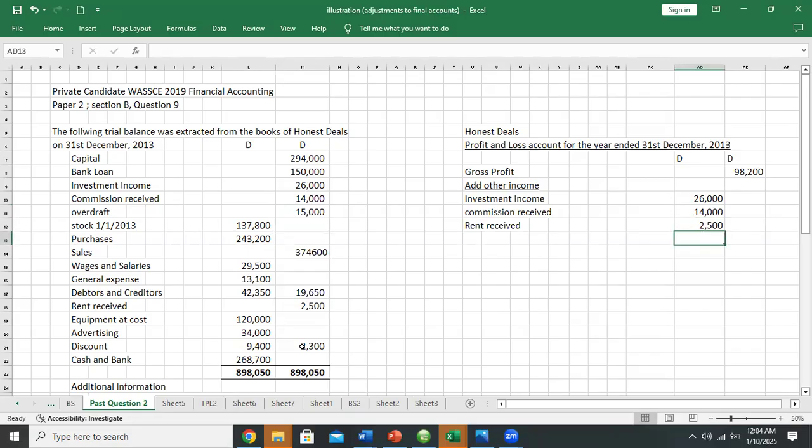Then you have here, you see discount, and that's the discount received, 2,300. Great. So that will be all for your other income. So you sum them up, add it to your gross profit.